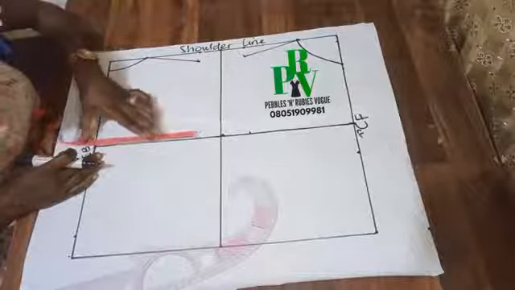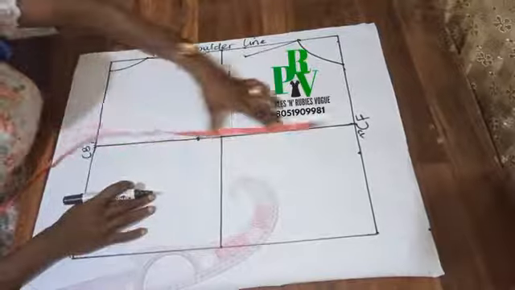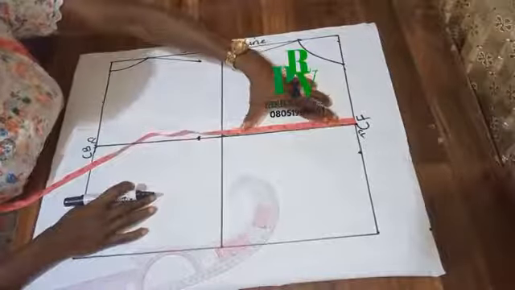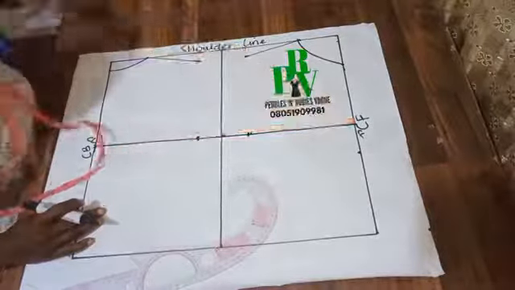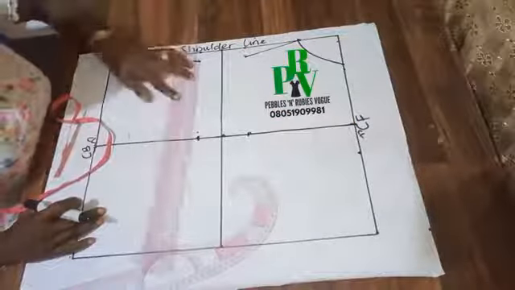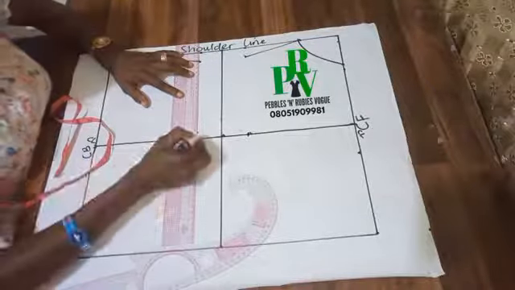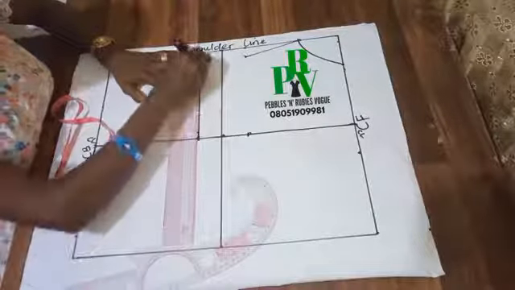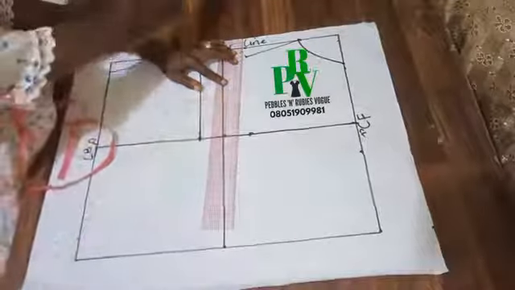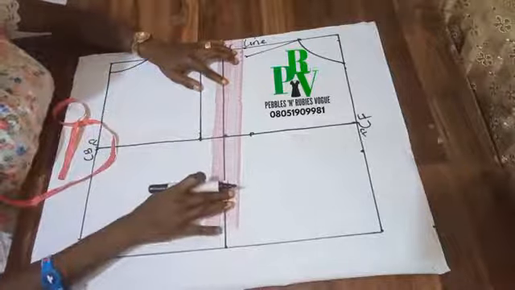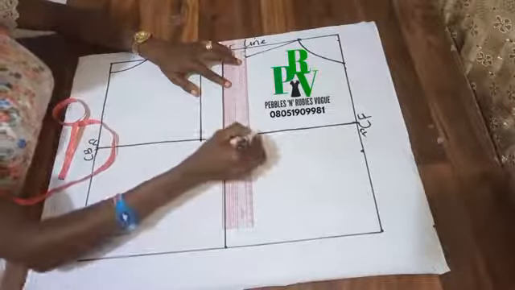So my 7.5 from the center back, this is 7.5, and also from the center front, this is 7.5. Then I will mark a vertical line on that point to connect to the shoulder slope. So I'm connecting my armhole length.